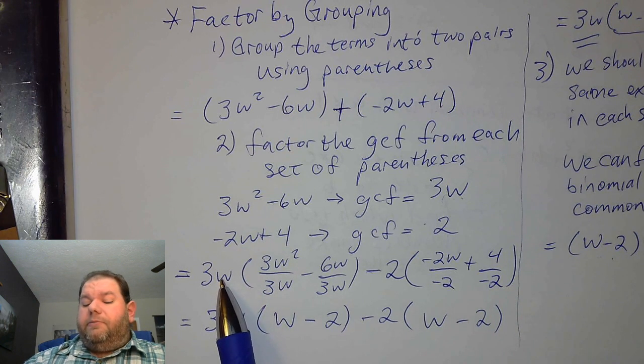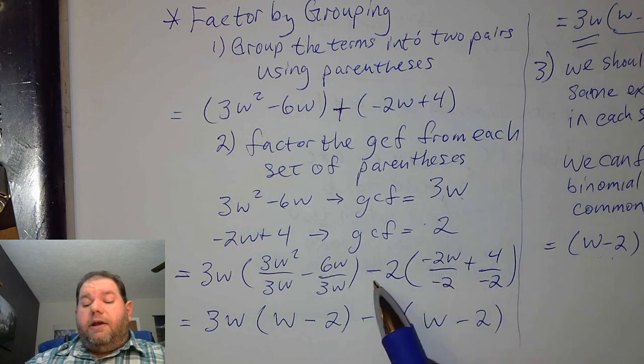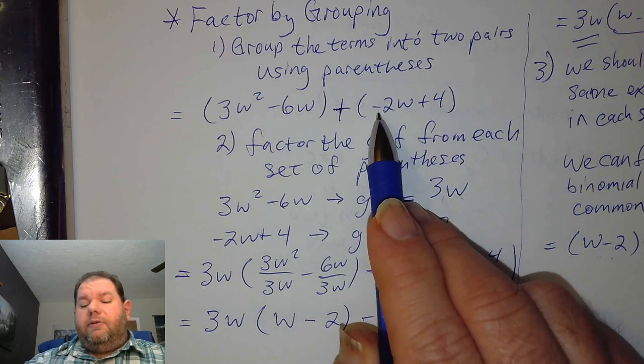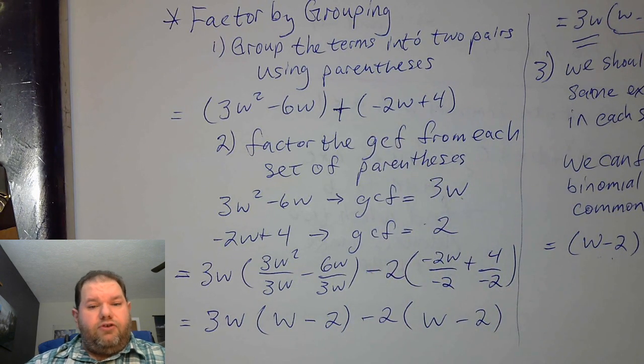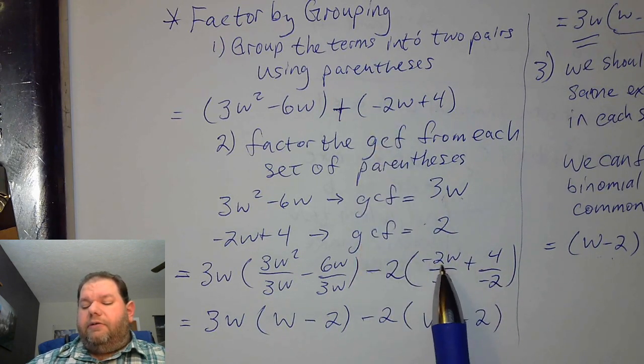So we took 3w out of the first group. Now we went ahead and did a -2 for the second group because we had this minus here. Anytime this term starts with a minus, let's go ahead and factor out the negative. That's the other thing I should have written down. So we factor out a -2 instead of just a 2.